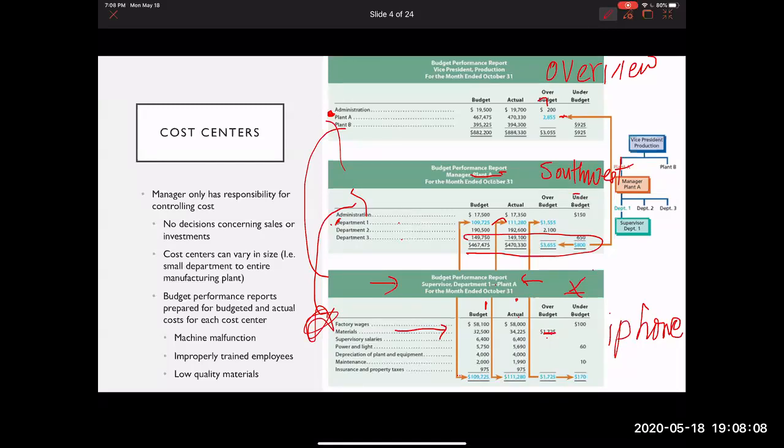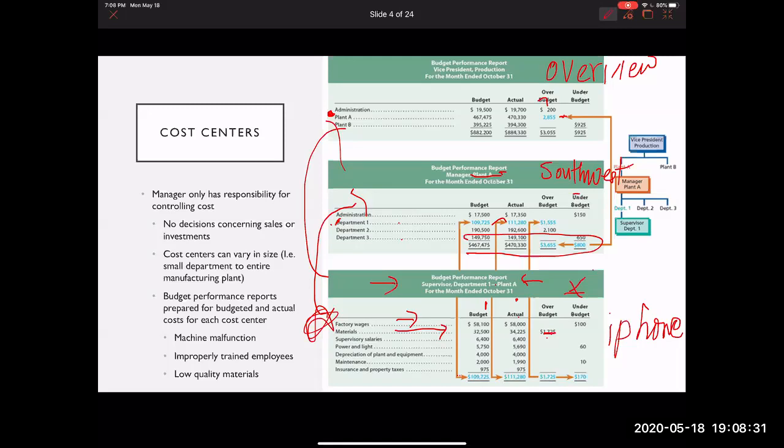And so you can also look at factory wages, right? At factory wages, we're under budget. So then we would try to understand why we are under budget when it comes to wages. If you remember back to chapter 8, I said usually when we're talking about under budget, no one really pays a lot of attention to under budgets.